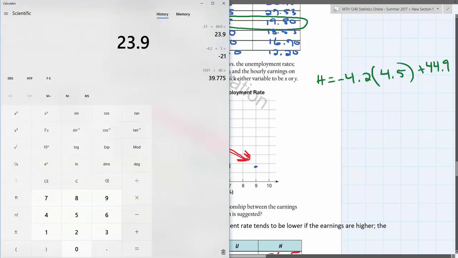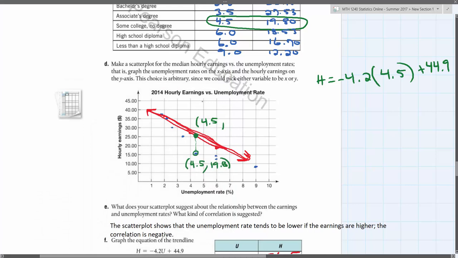So if I plug this in, negative 4.2 times 4.5, plus 44.9, we get a y value of 26.